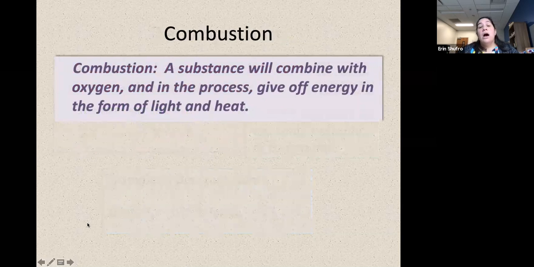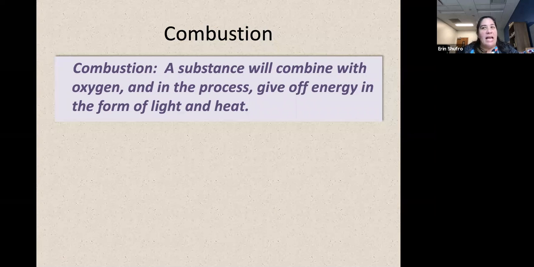A combustion reaction is when a substance combines with oxygen and in the process gives off energy in the form of light and heat. What they really mean is basically an explosion. A combustion is when stuff burns up in oxygen.